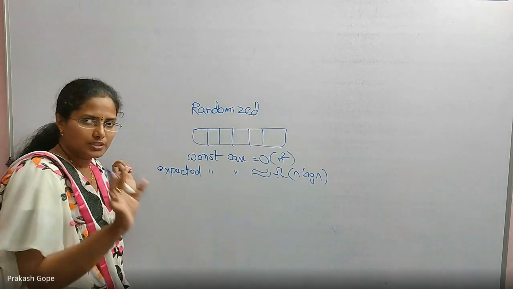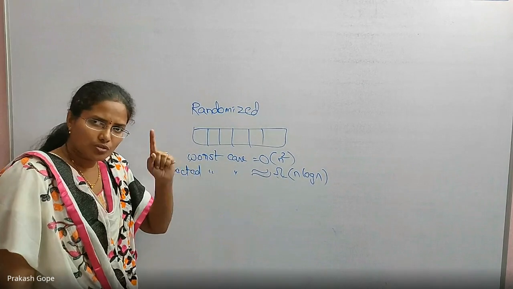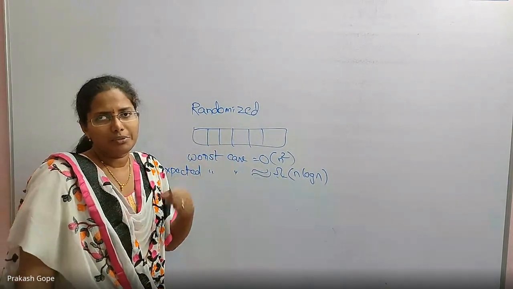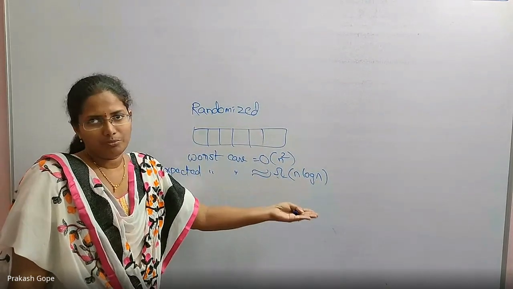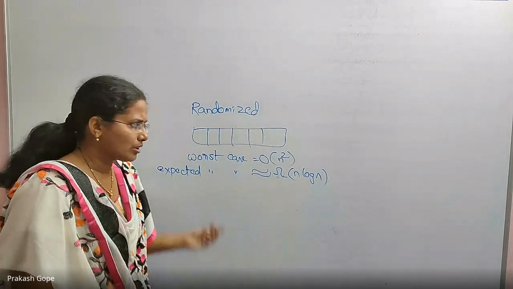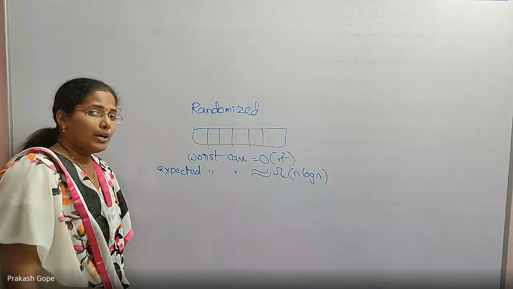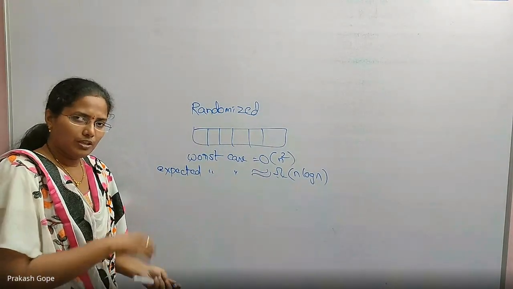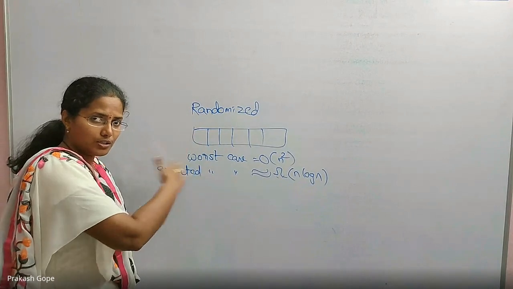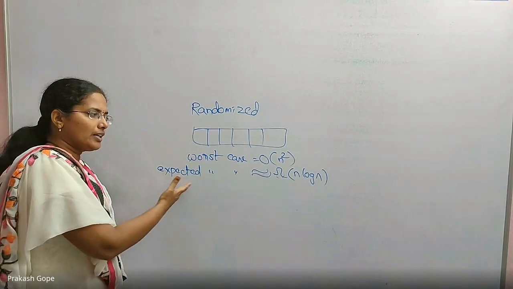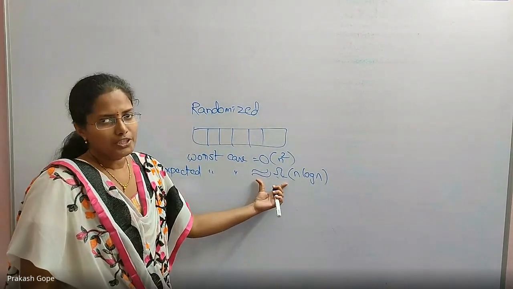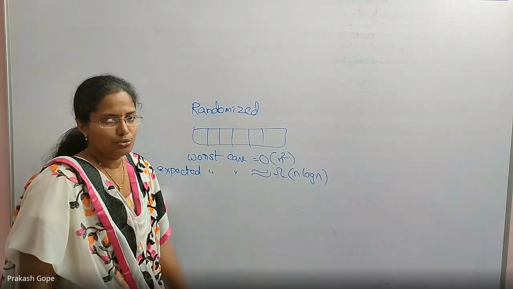But when the question is just the worst case, close your eyes and say it is n square only, because there is one particular case where every time the random pick gives me the extreme element. So what can we do? That's why the worst case is n square. But when you repeat this process over many other input orders and calculate the expected worst case, in most cases it comes to n log n.